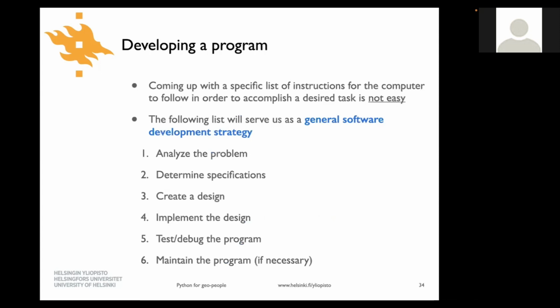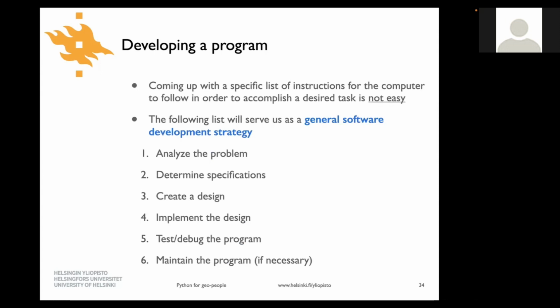I think our last little thing here is a somewhat silly example about how to develop a computer program. We know what a computer is. We know that a program is our step-by-step list of instructions for the computer to follow. Now let's talk about how to make a program on a very general level.